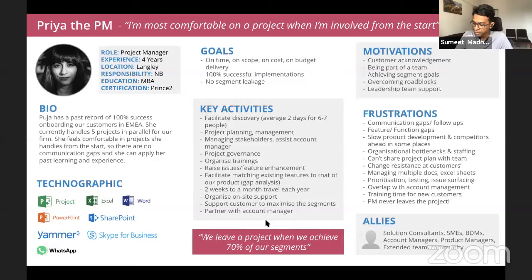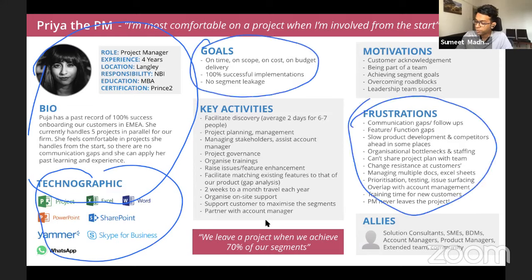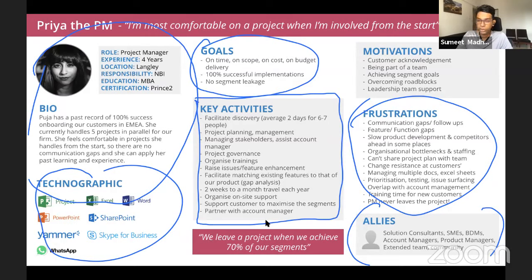So for example, we know a little bit about Priya, what job she performs, the kind of experience she has, the kind of tools that she prefers using, what she wants to achieve, and what her pain points are in trying to achieve that. Who does she work with? What does a day in her life potentially look like? And what is it that motivates her and keeps her coming to work?